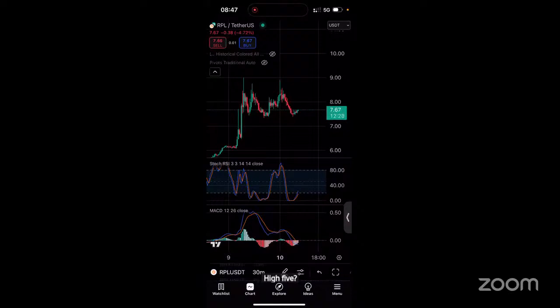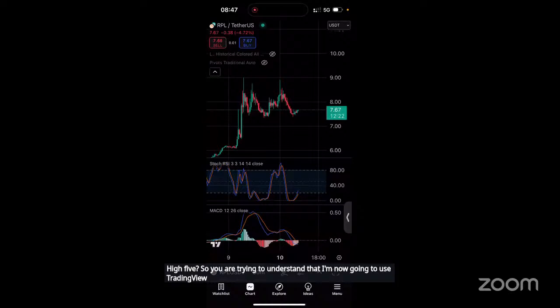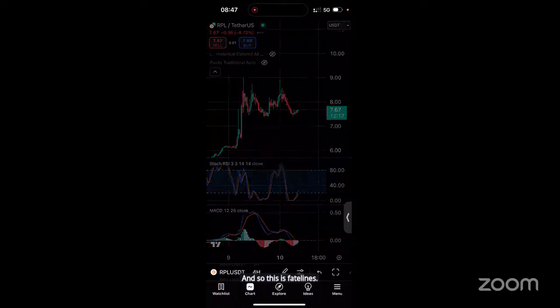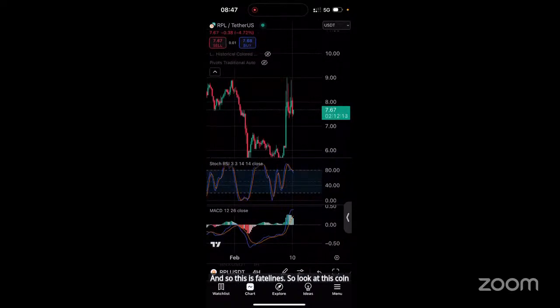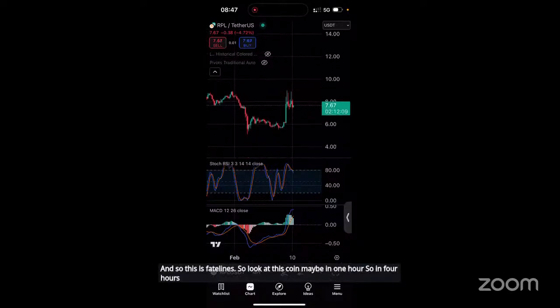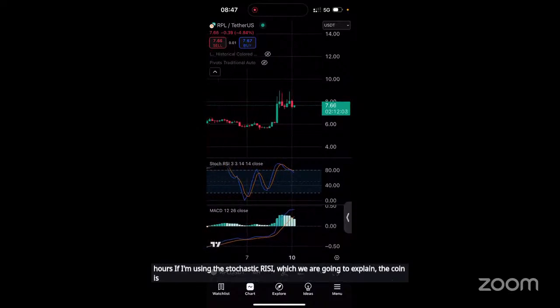So you are trying to understand that I'm now going to use TradingView to find a buying opportunity. This is 30 minutes, so I'll look at this coin maybe in 1 hour, or 4 hours, if I'm using the stochastic RSI, which we are going to explain. The coin is moving down.